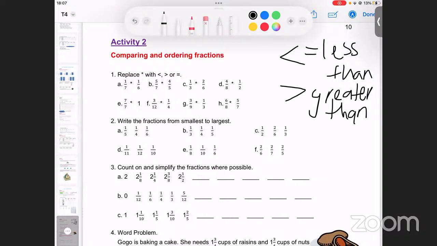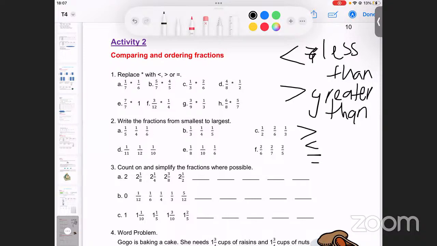So now we're going to complete A to H by replacing the star that you see between the fractions with either less than, greater than, or equal to. So we're going to use these three signs and check if it's greater than, less than, or equal to.